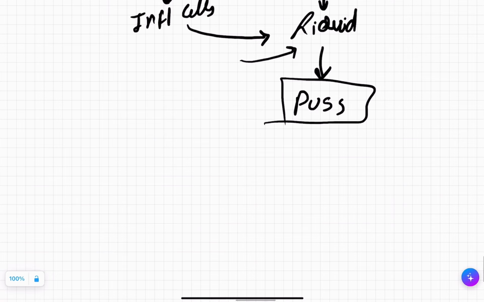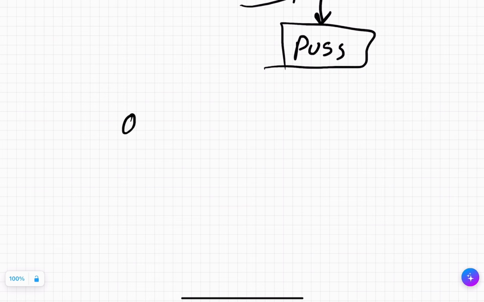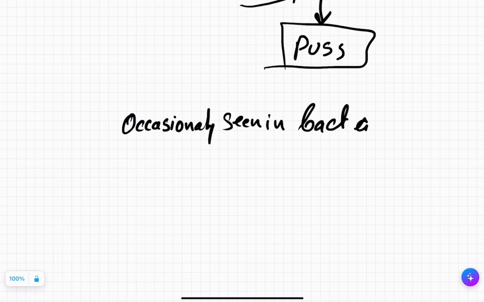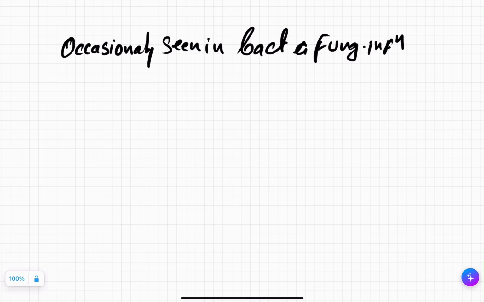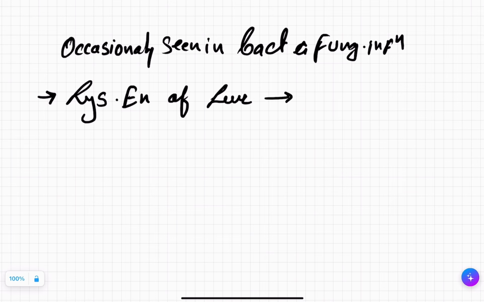This is occasionally seen in bacterial and fungal infection. Lysosomal enzymes of leukocytes will help in the digestion of tissue.